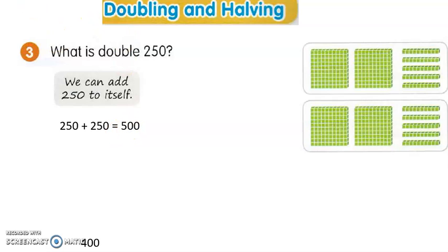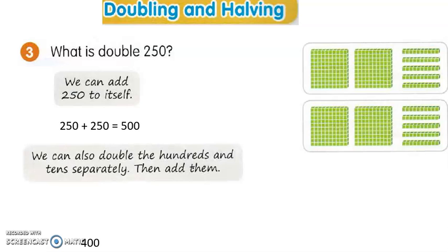Actually, there is another way of making the doubling by doubling the hundreds and the tens separately. So we have, for example, the number 250. Where is the hundreds in this number and where is the tens? The 2 is in the hundreds place, so 2 hundreds means 200, and the 5 is in the tens place, so that 5 tens equals 50.